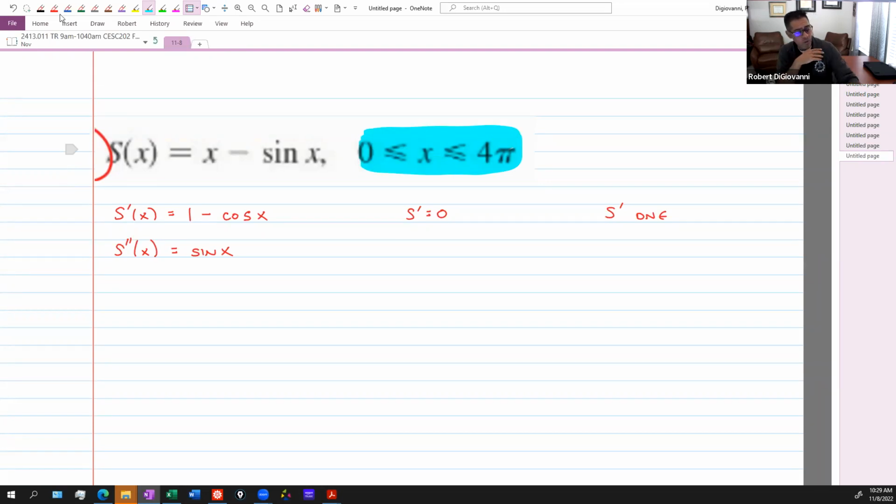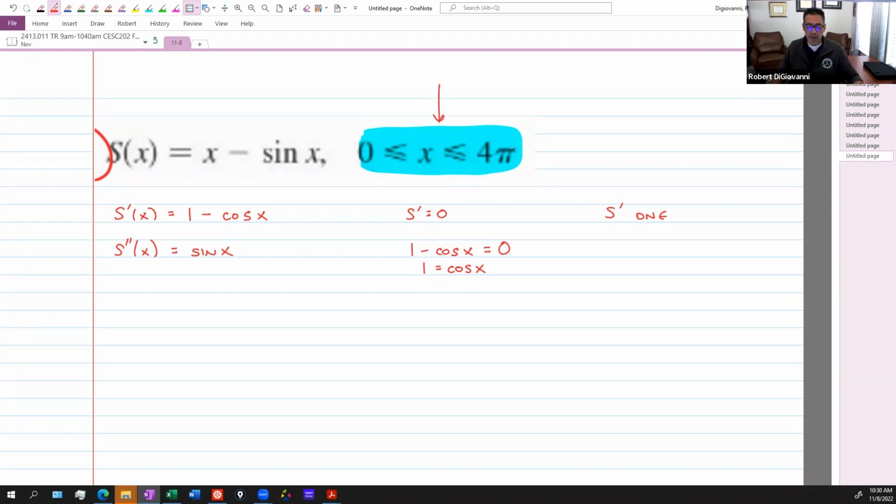All right, so let's figure out where the derivative is 0. Here's the derivative. Set it equal to 0. Add cosine x to both sides. So you want to know where cosine of x is equal to 1, and you're only looking between 0 and 4 pi.